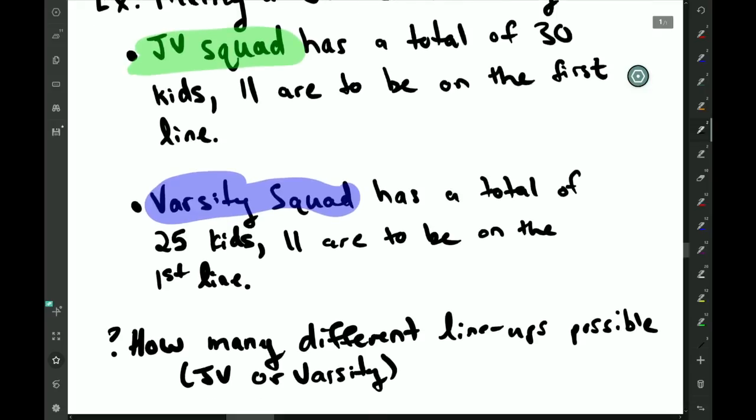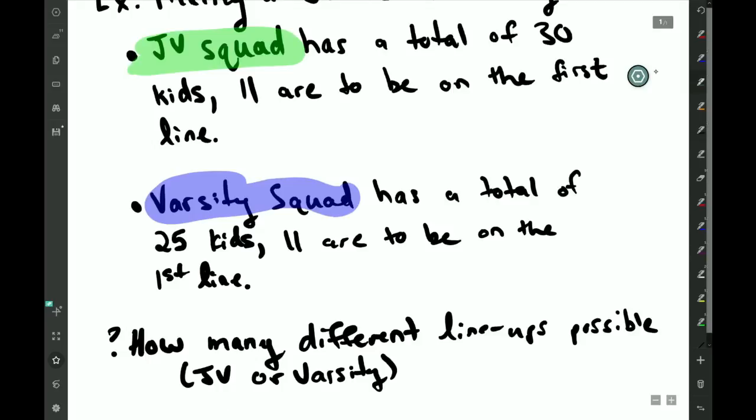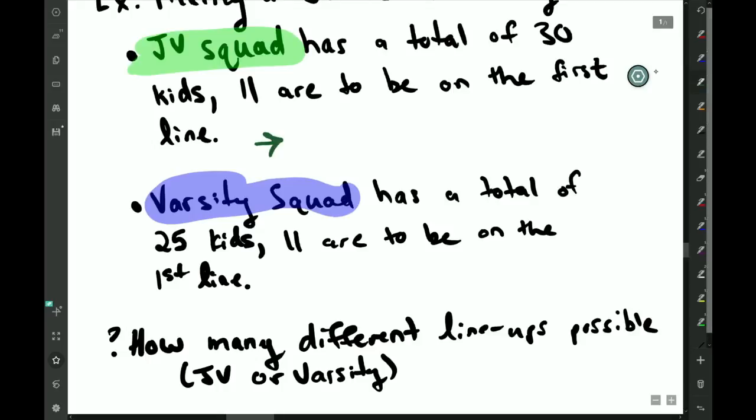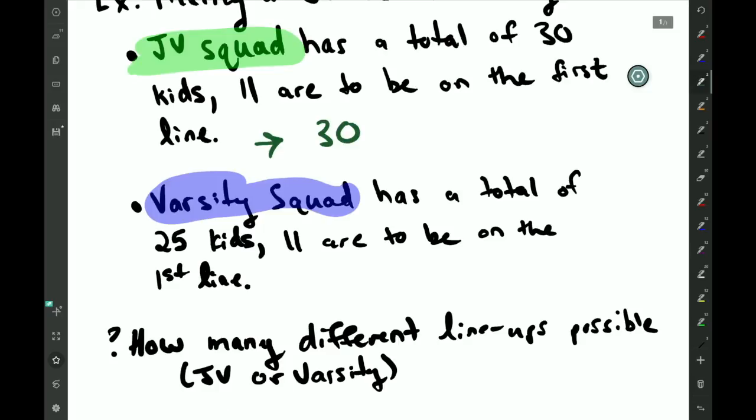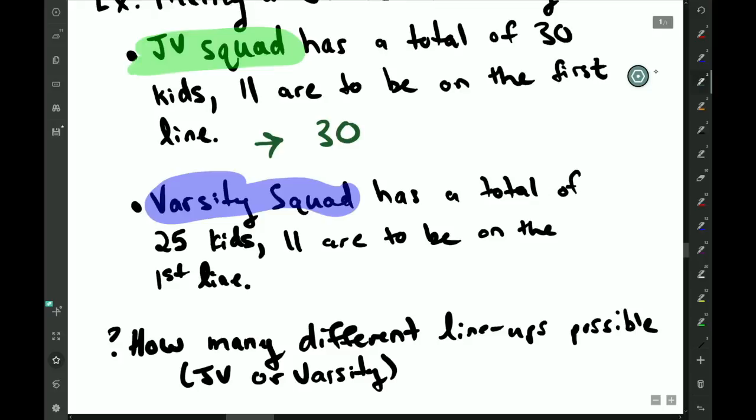So let's just look, for example, at the JV squad. Well, there are 30 total. For this particular lineup, 11 of them are going to be on the field. Let's pretend they're all equally the same capability, so order doesn't matter. If order doesn't matter, it's going to be combinations and 11.